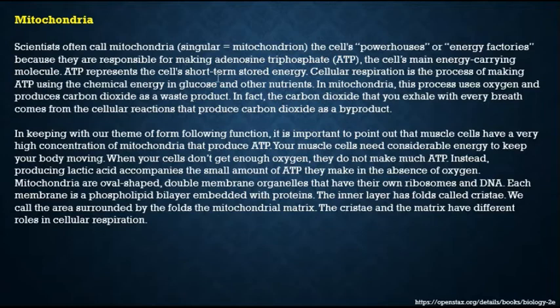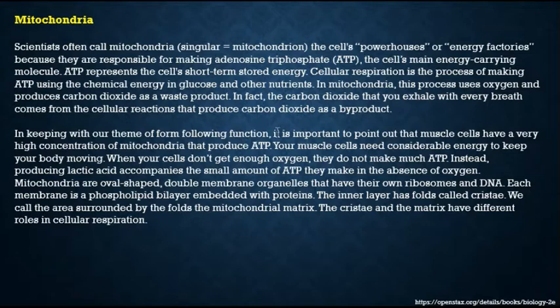ATP represents the cell's short-term stored energy. So, for example, when we eat, the glucose is converted to other intermediates and ATP is formed. In mitochondria, the process of forming ATP uses oxygen and produces carbon dioxide. This is the carbon dioxide that you exhale with every breath. This comes from the cellular reactions.